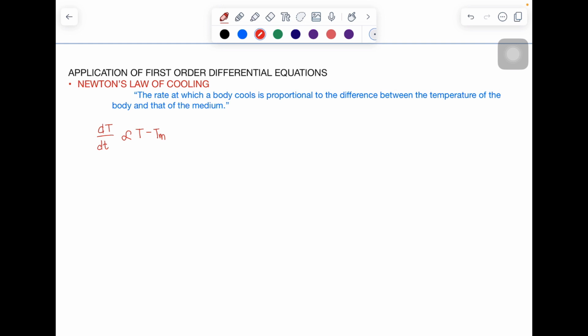All right? So basically, the Newton's law of cooling is this equation. It says here proportional, so it must have a constant.